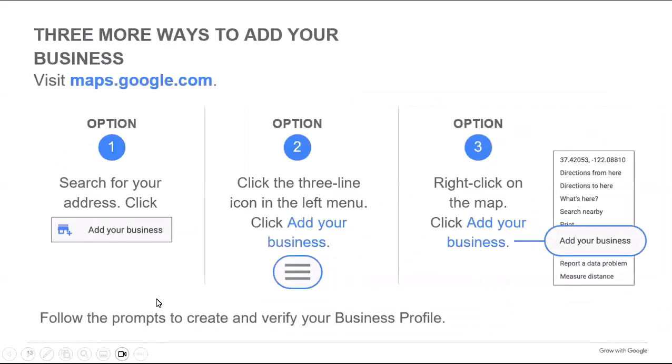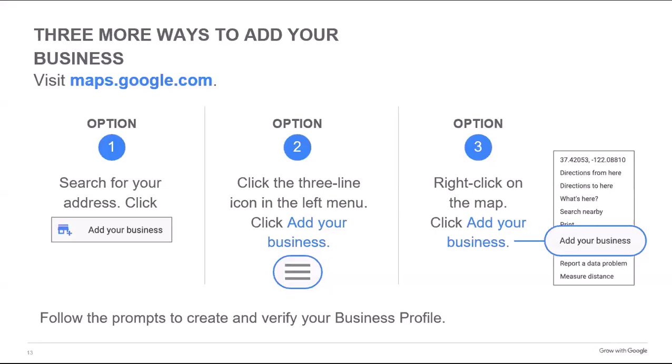And as we go through the ways that you can add your business to Google Maps, number one is first, go to Google Maps, you do a search for your address. Now, if you do a search for your business by name or by address, when you go to maps.google.com, you'll see you'll have one option to search for your address, and then you click on that address.